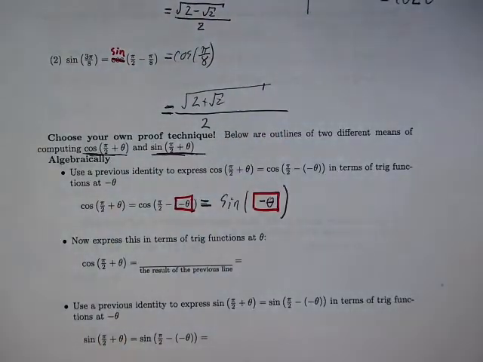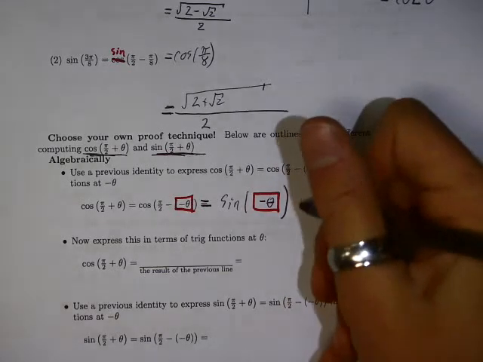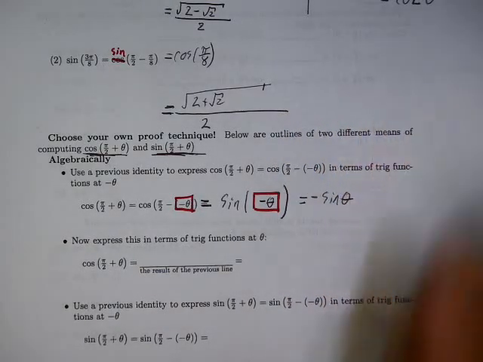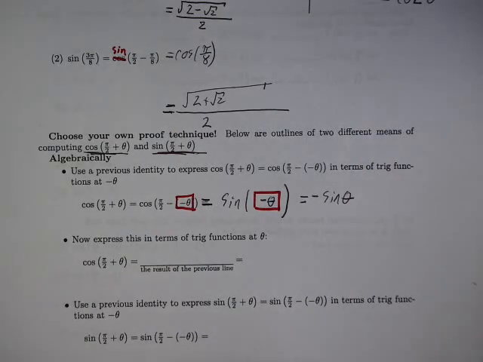And now I'll forget the red box, because that red box was just to help me with this manipulation, to make sure I kept track of exactly what was inside there. What's the sine of negative theta? Negative sine theta. Oh, so this was supposed to be multiple lines that are done all at once.